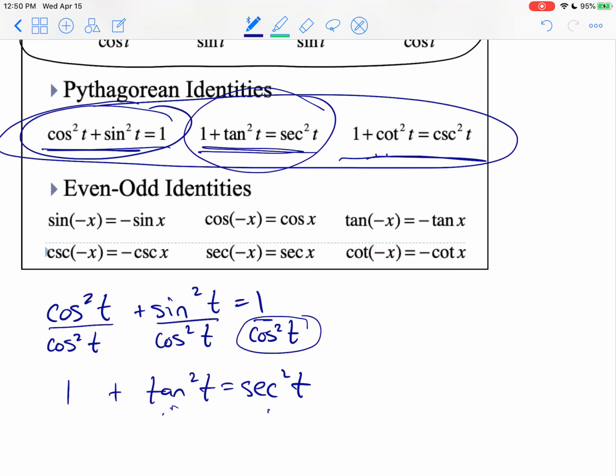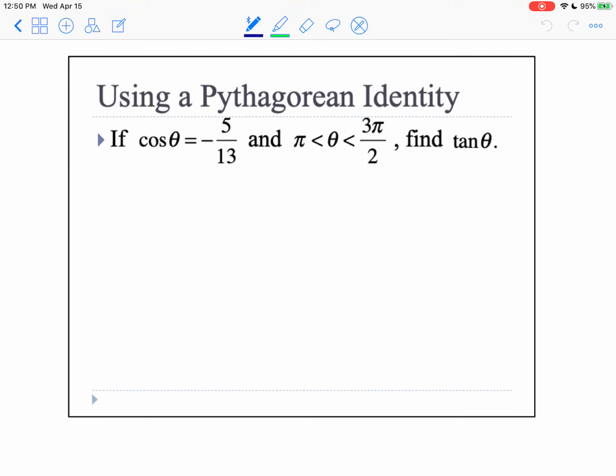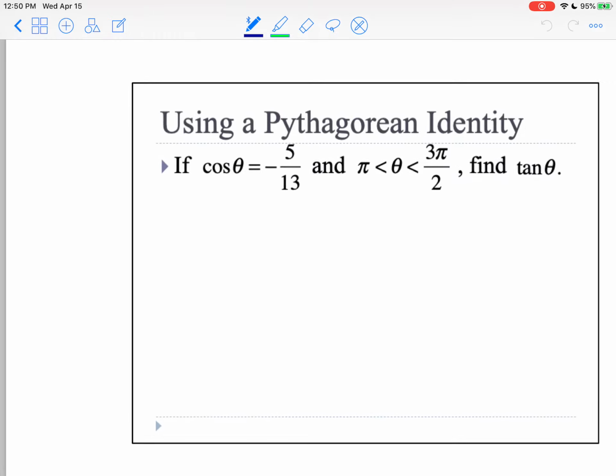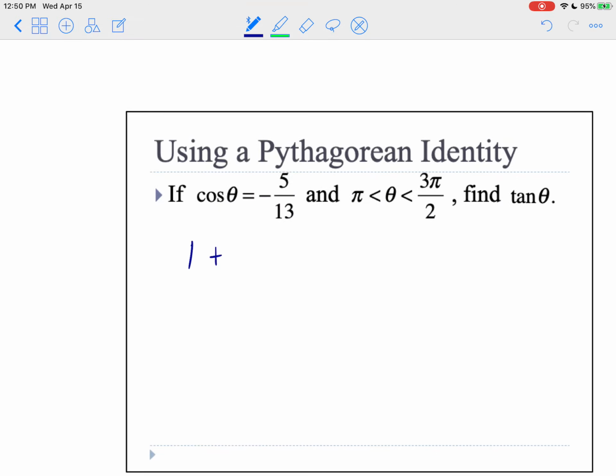So it looks like this second Pythagorean identity would be a good one. So if I just write down that Pythagorean identity, so again, I'm just referencing this. It's 1 plus tan squared t, or in this case, we're using theta, equals secant squared theta.